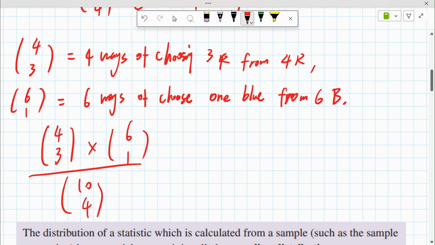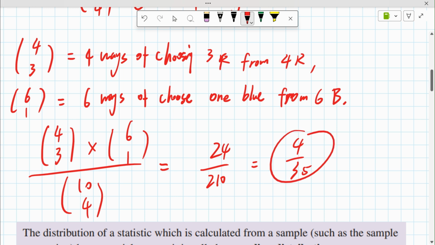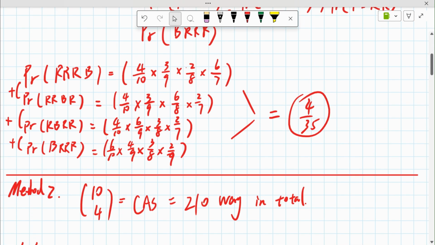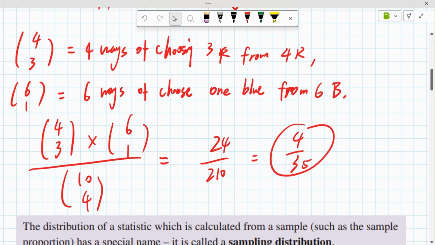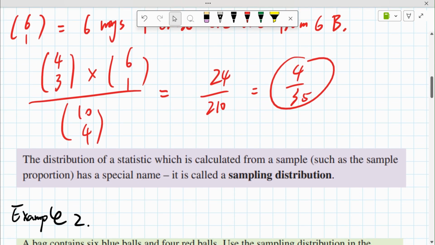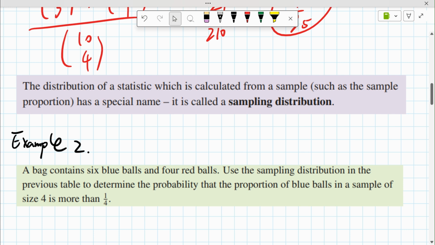So this is 24 and this is 210, and that equals 4 over 35 again. So either way you could use. It doesn't matter which way you choose. Hopefully that makes sense.